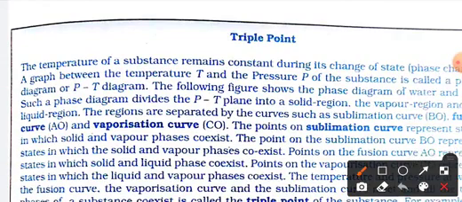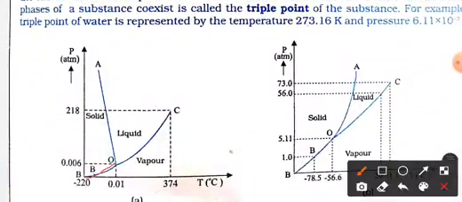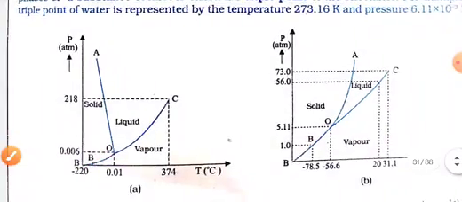These regions are separated by curves such as the sublimation curve, that is BO. This BO is the sublimation curve. That means if a solid crosses this line, it will directly convert into vapor. That's why it is called the sublimation curve.